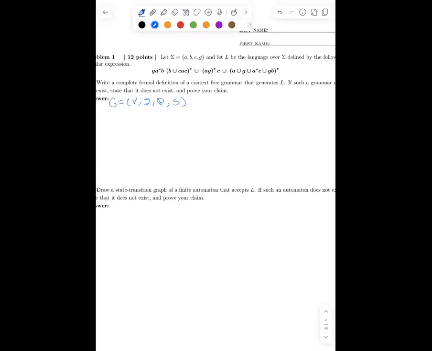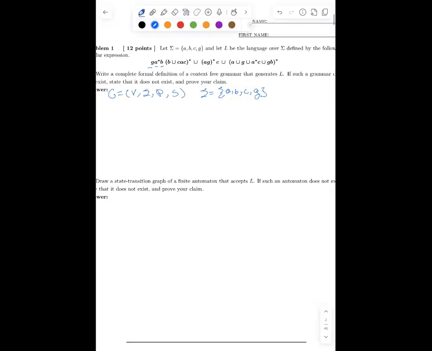Sigma is which letters we are using, so here we are using a, b, c, and g. Then you need the V, but you complete the V as we go. First we need to start with S.